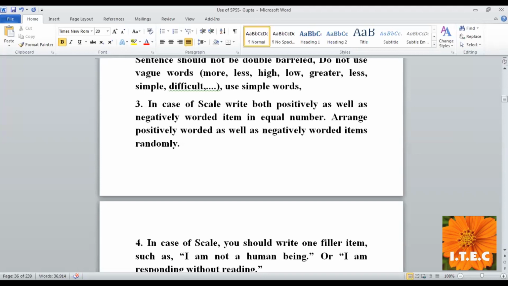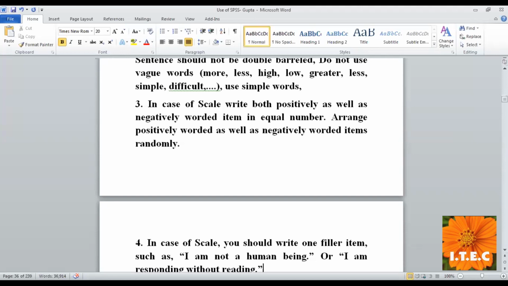Why? Because it is observed that in case of a scale, people keep on putting the tick mark randomly. And if they are putting the tick mark randomly, sometimes they put the tick mark on item which is not appropriate.